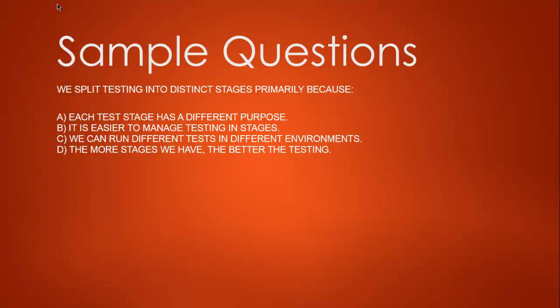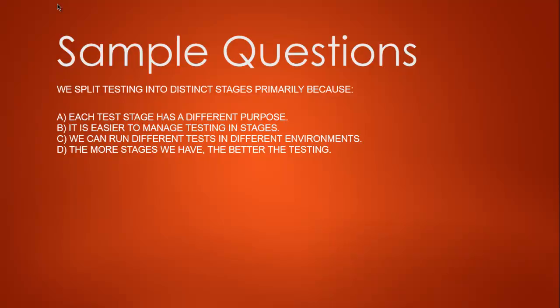So option A and B are closer, so go for option C. We check we can run different tests in different environments, so that is again close, but that's not the reason we do split testing, so option C is wrong. Then comes D, the more stages we have, the better the testing. That is again wrong, so our option here is A and B.